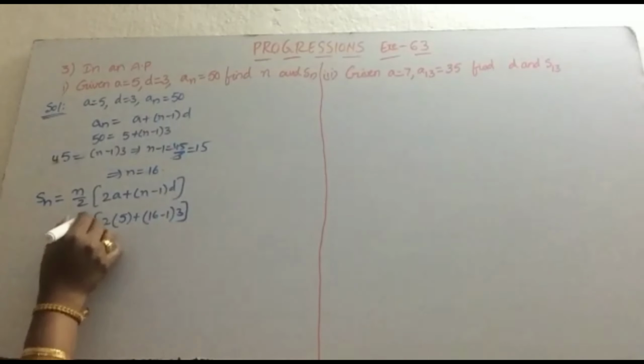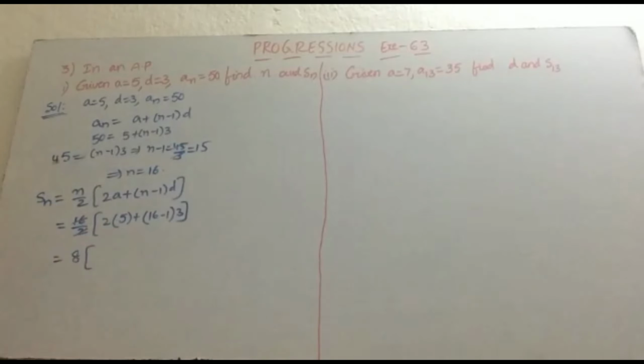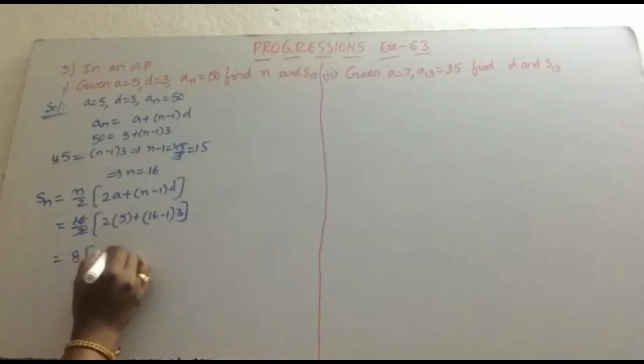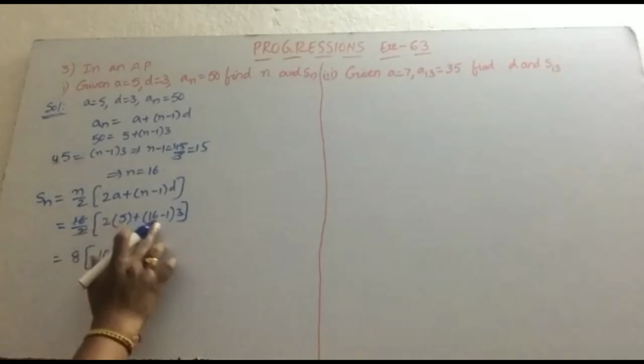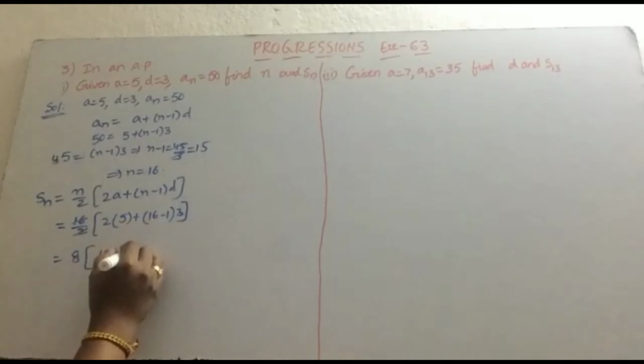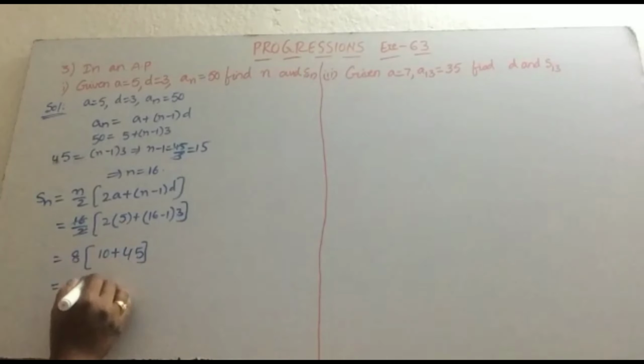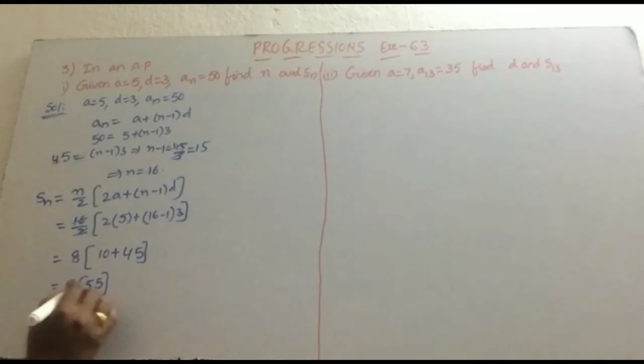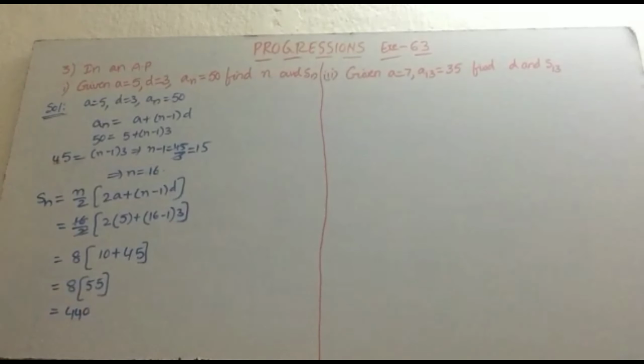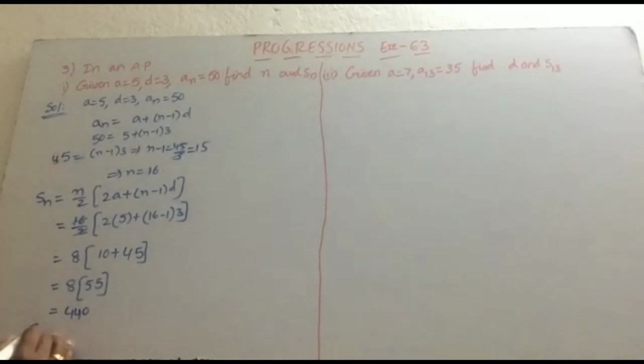So 2 8s are 16, so 8 into 5 2s are 10 plus 16 minus 1 is 15, 15 3s are 45. So that is equal to 8 into 55. 8 5s are 40 plus 4. So Sn equal to 440.